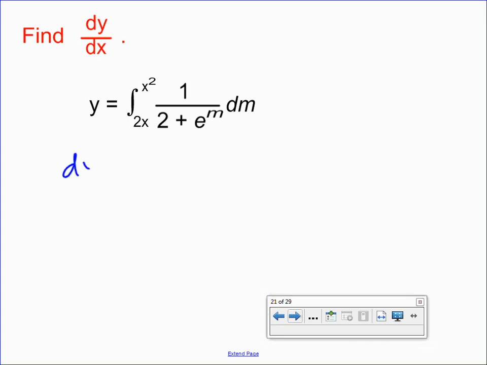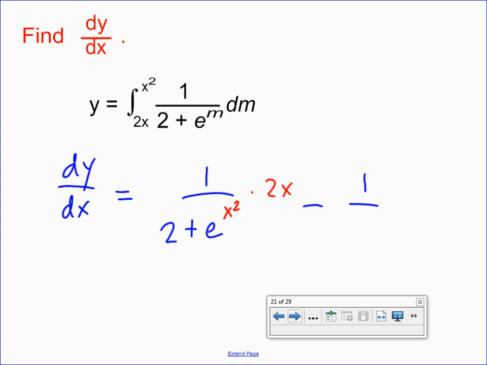dy dx would be given by the integrand function evaluated at my upper limit times the derivative of my upper limit, minus the integrand function evaluated at my lower limit times the derivative of my lower limit.